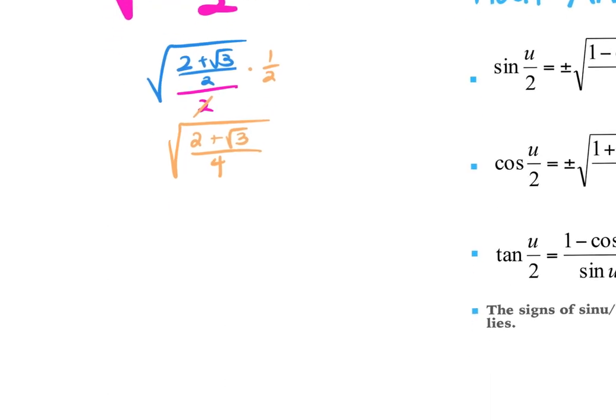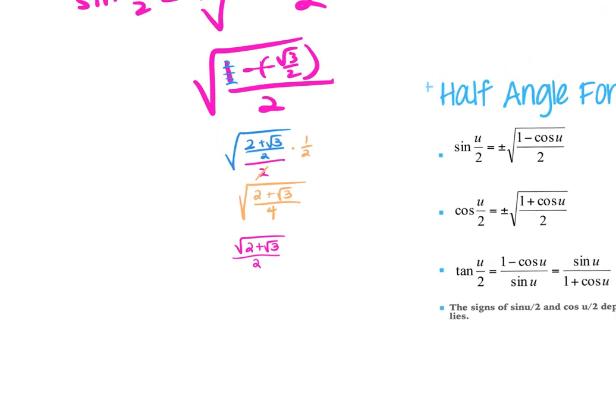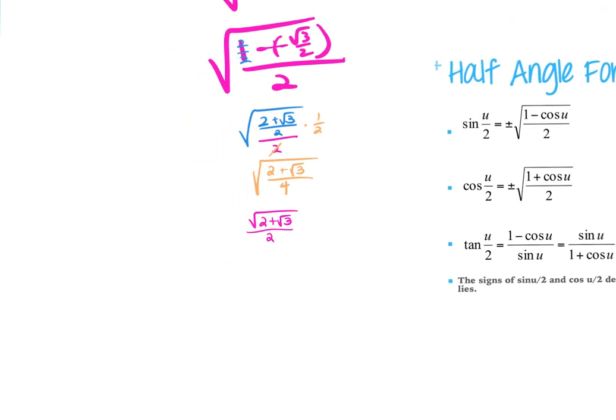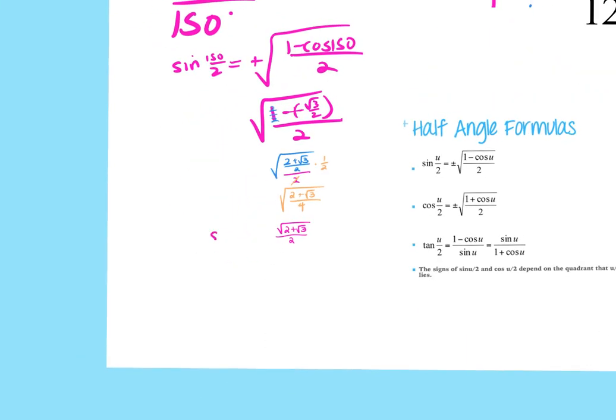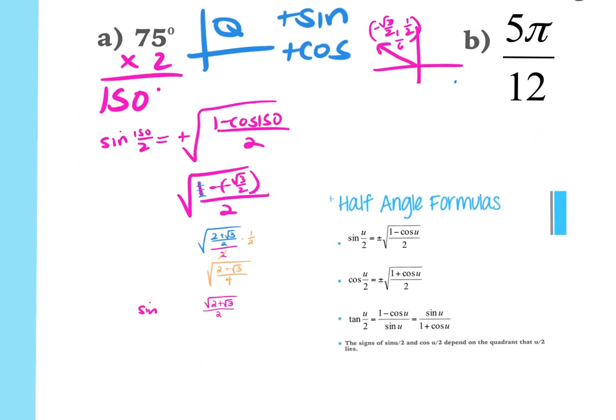I'm going to leave the numerator as the square root of 2 plus root 3, but my denominator is going to become 2, because it's the square root of 4. So this is the sine of 75, and we're keeping it positive because 75 is in the first quadrant.